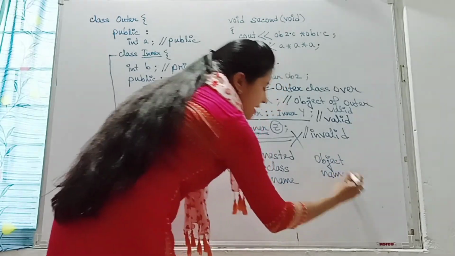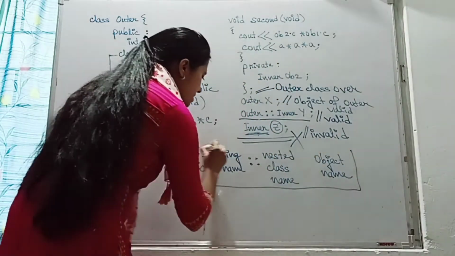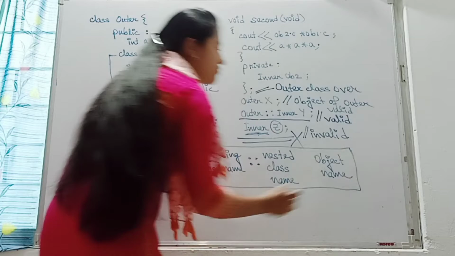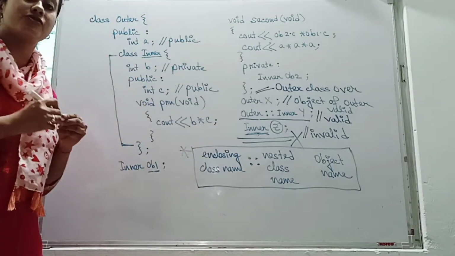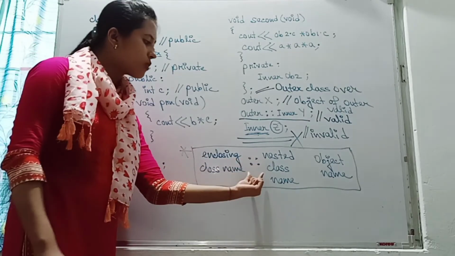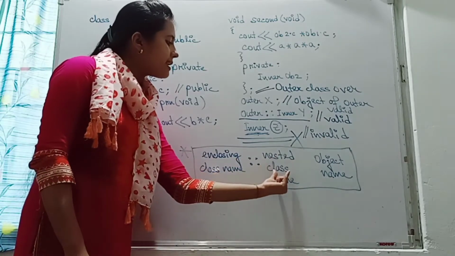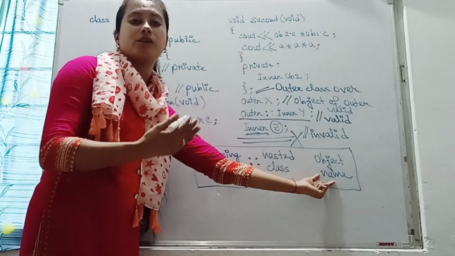So this is the condition only when you are defining it outside the class. You will write this condition down in the copy. This is very important that you must remember. First you have to write the enclosing class name, then scope resolution operator, then nested class name, then the object name that you want to assign.